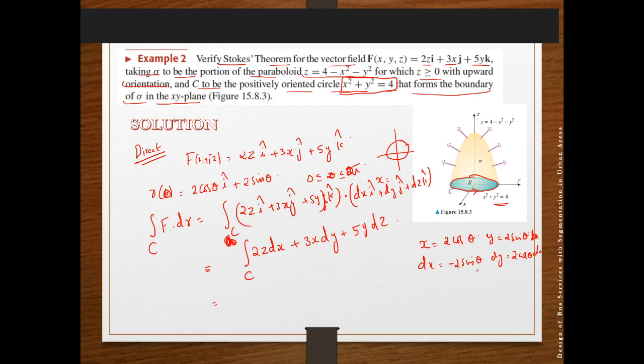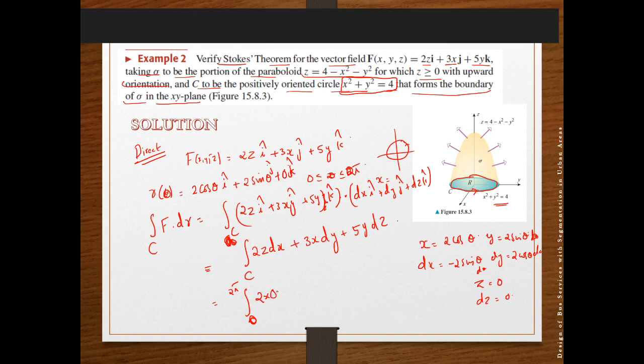And there is no z term in the figure because z is 0, then dz is equal to 0. So now we can write the integral from 0 to 2 pi of 2 into z, which is 0, right?